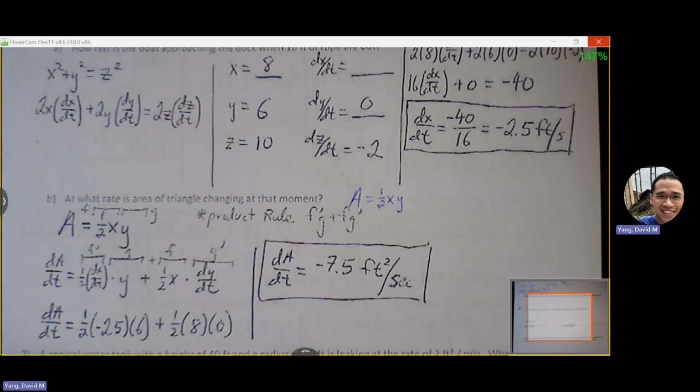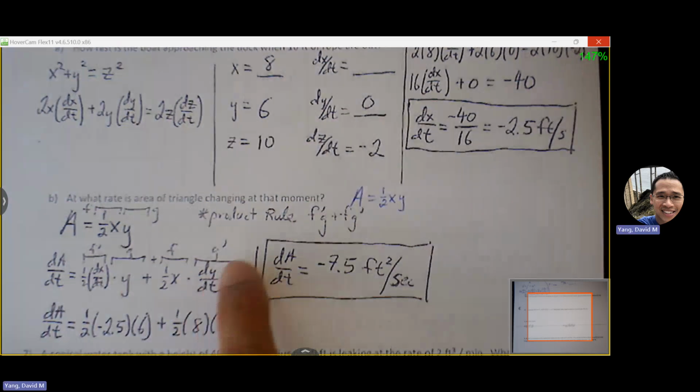Okay. Once we have a derivative spelled out, then the rest is easy because all the data you can just pull from part A. And then finally, units of measure. Area is a 2-dimensional unit, so area is square feet.